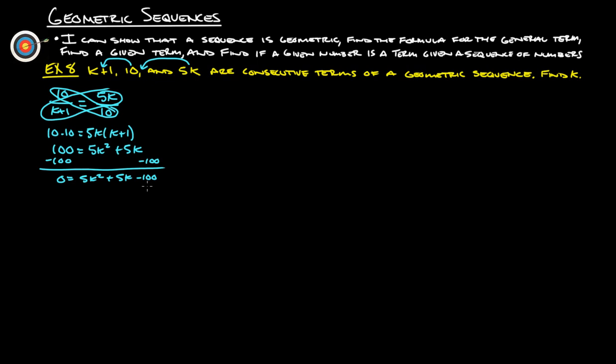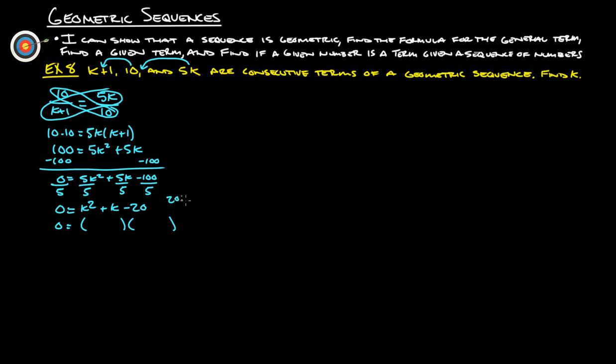Now, we got to factor this thing. Nice part is that, look, 5, 5, and 100 all have common factors of 5. So if we divide everything here by 5, we're going to make this a nicer problem for us. So 0 equals k squared plus k minus 20. So now, when we factor, we just have to find the factors of 20 that have a difference of 1, right?